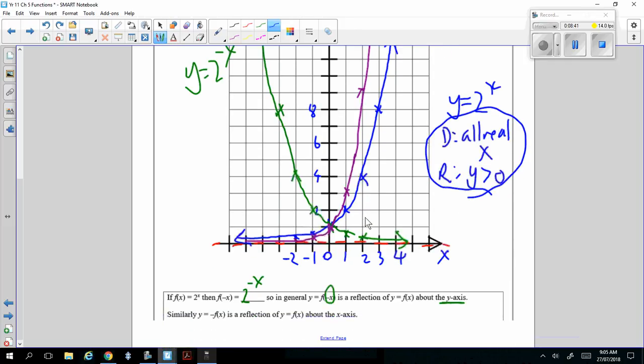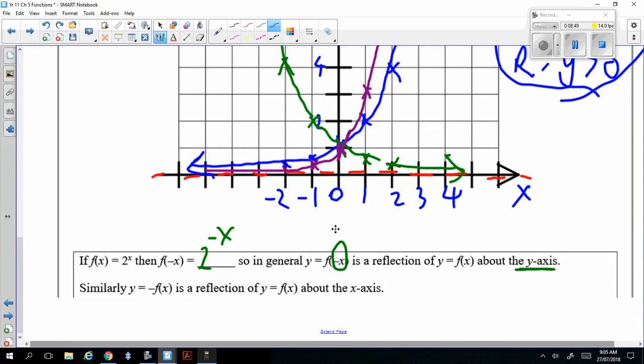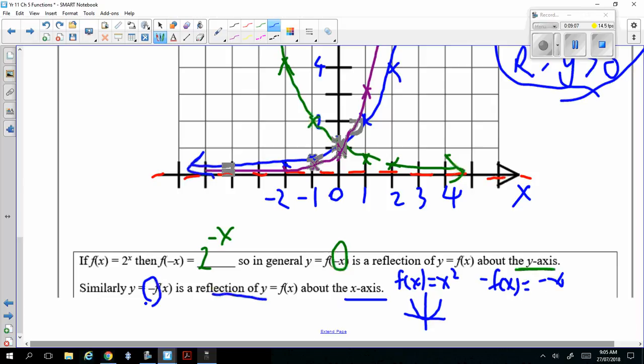Now, before I move on, there's another thing I want to talk about, which is, what if you put a negative in front of f(x)? When you put a negative in front of f(x), it reflects about the x-axis. And how do I know that? One way to remember this is, if f(x) is x squared, which is the parabola, and if we have negative f(x), which is negative x squared, you have a concave down parabola, right?